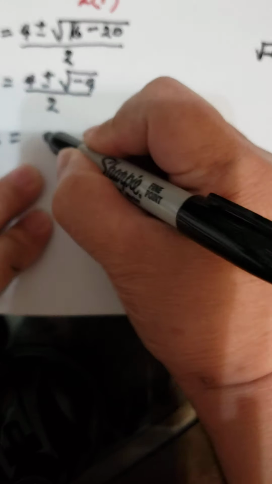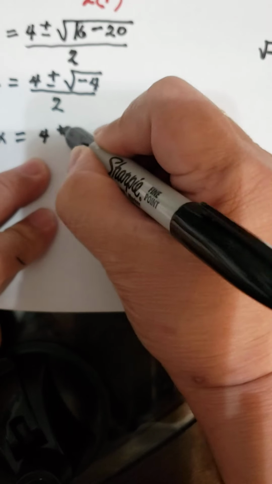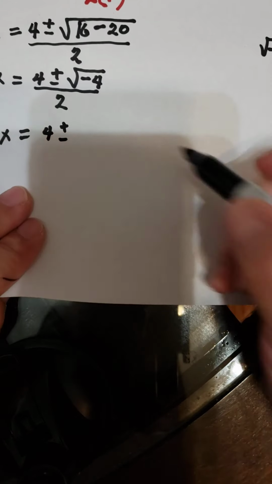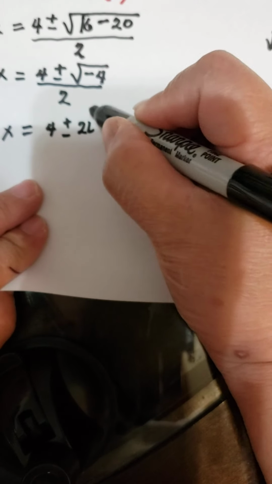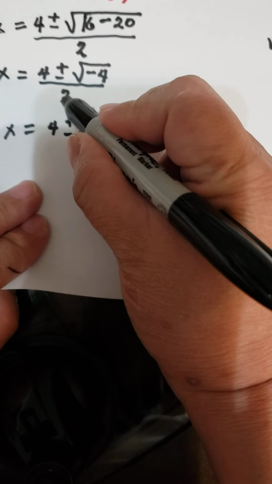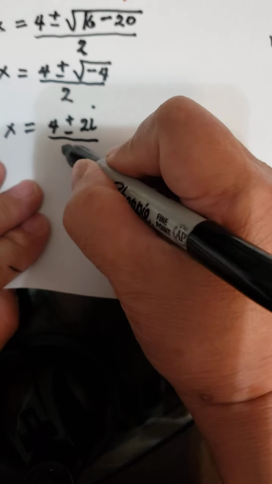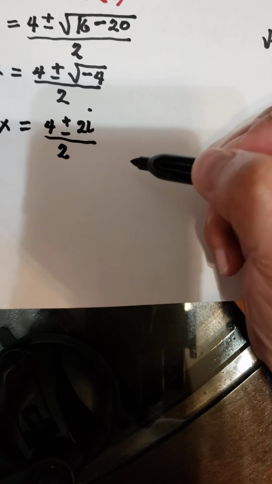Simplify. x equals 4 plus and minus the square root of negative 4, which is 2i. Now don't forget, you have all over 2, that's divided by 2. Now all you need to do is just separate them and divide each.